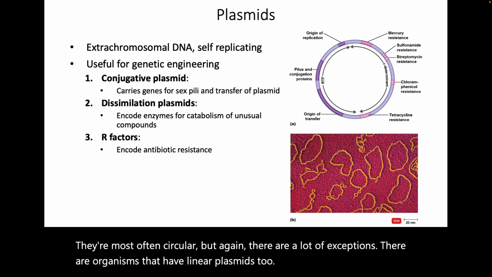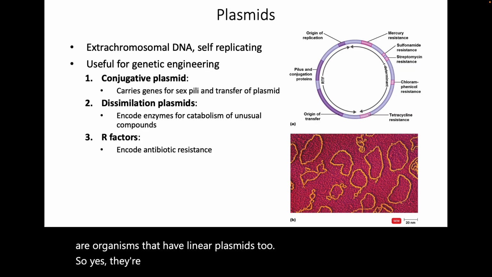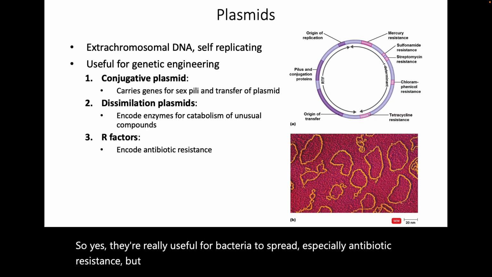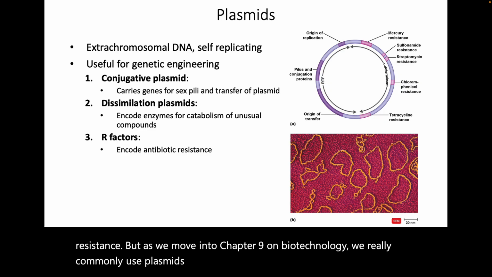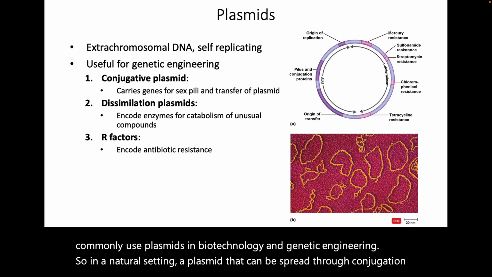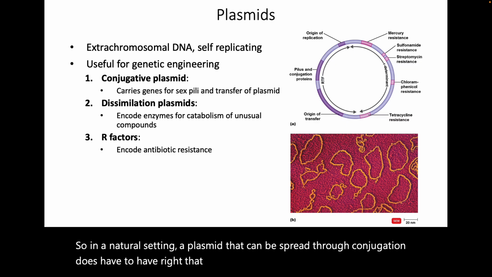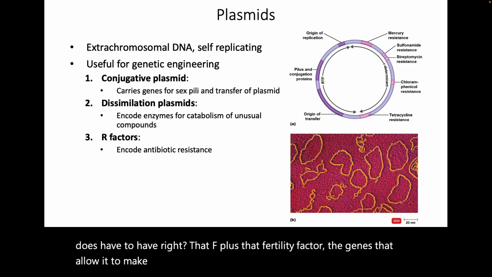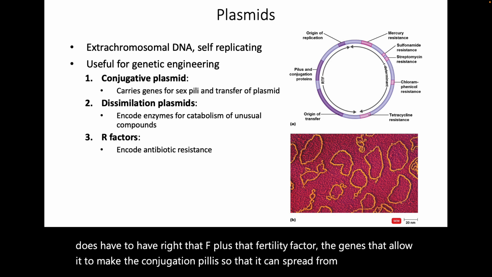There are organisms that have linear plasmids too. So yes, they're really useful for bacteria to spread, especially antibiotic resistance. But as we move into chapter 9 on biotechnology, we really commonly use plasmids in biotechnology and genetic engineering. So in a natural setting, a plasmid that can be spread through conjugation does have to have that F+, that fertility factor, the genes that allow it to make the conjugation pilus so that it can spread from one cell to the next.